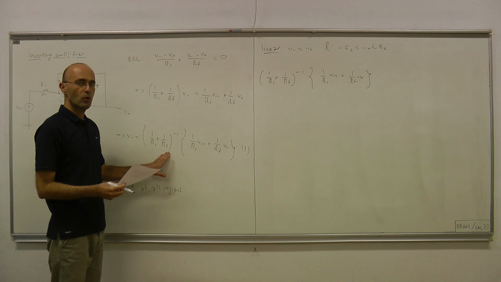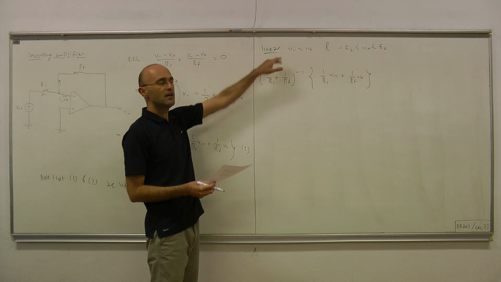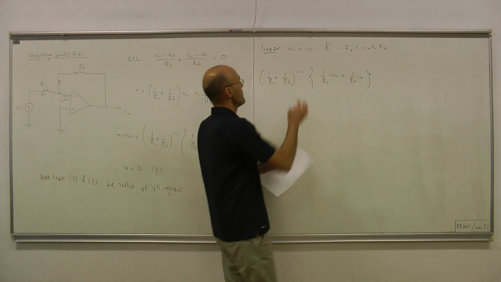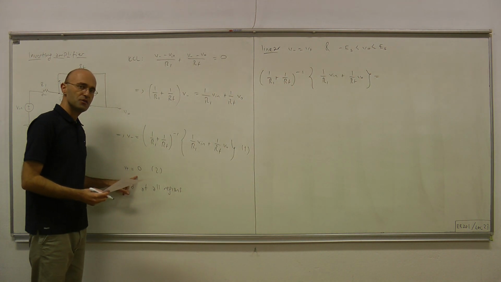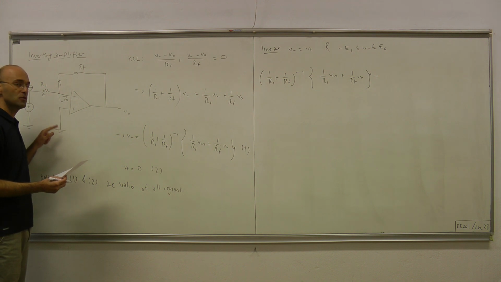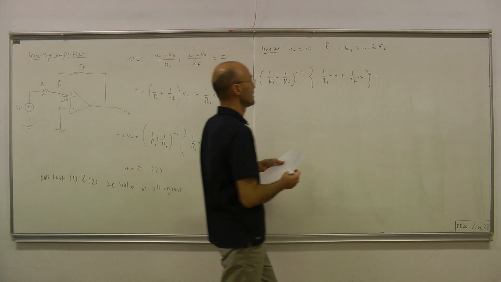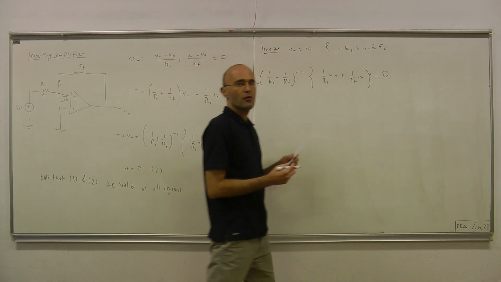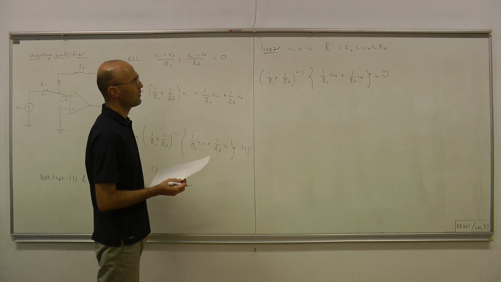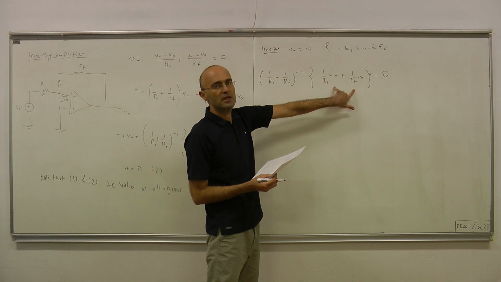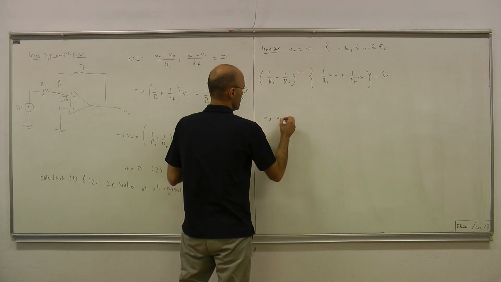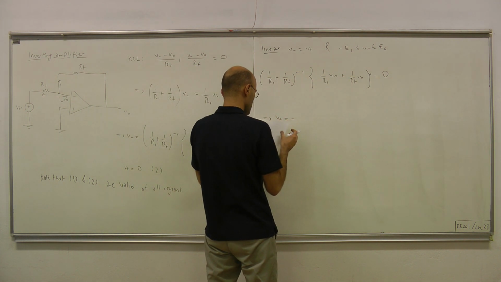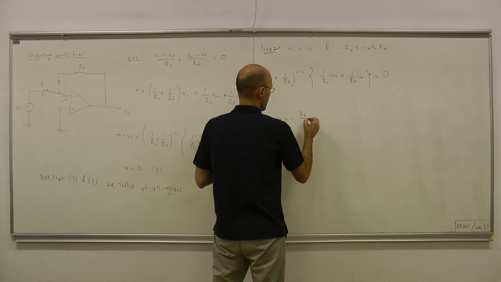It holds at all regions, therefore it holds in the linear region, and that equals V plus. And what's V plus? V plus is 0 because this node is connected to ground directly. Once you write that equation down, you immediately obtain the relation between the output and input voltages. Therefore, V out equals minus RF over R1 V in.